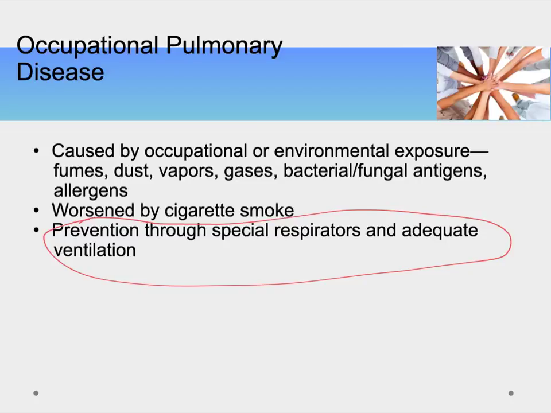I forget exactly what OSHA stands for, but this needs to be provided by the employer, or the employer can get in trouble if they're not supplying the proper preventive devices for the employees.